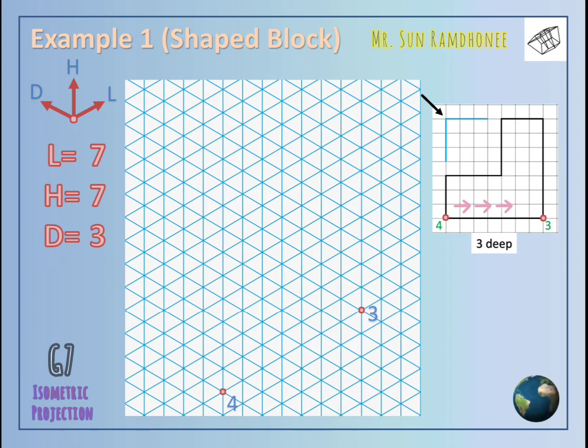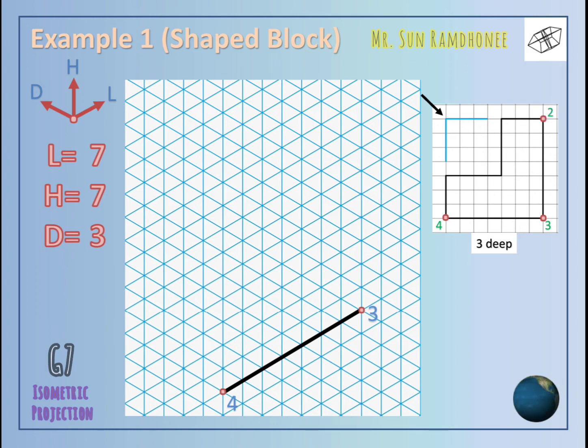Here we are going to count the triangles in the horizontal direction referring to the isometric axis. Once you have located these 2 points, we can draw a line here.